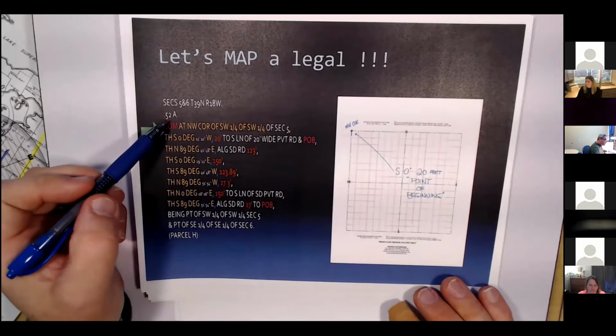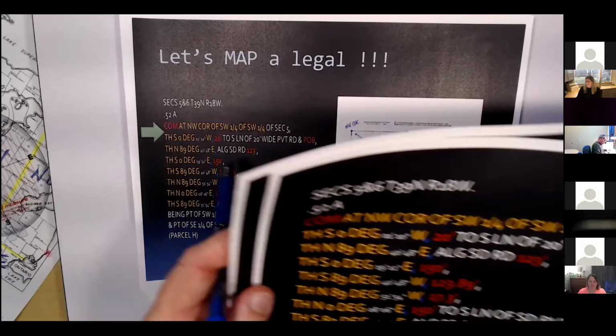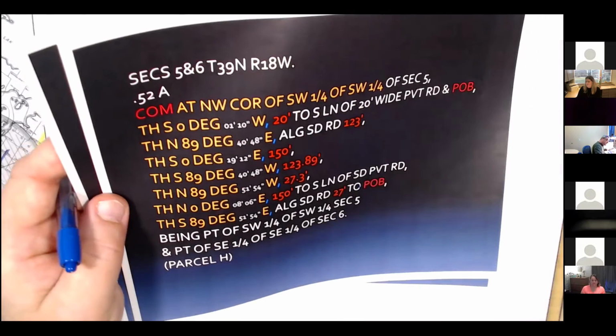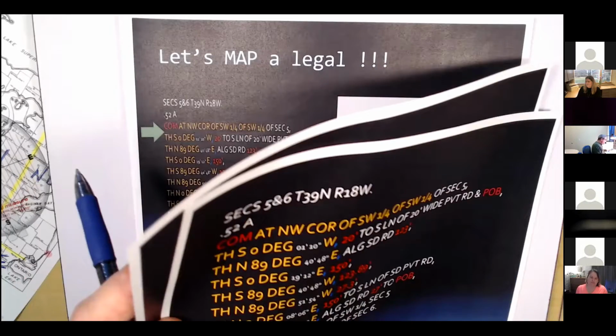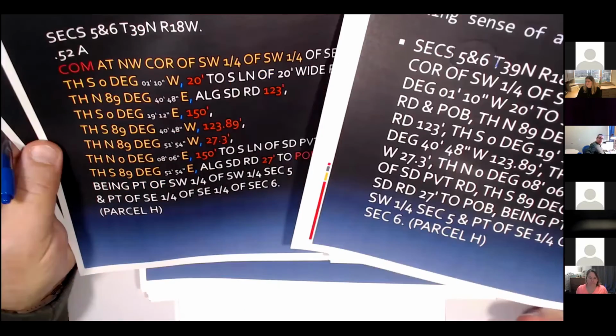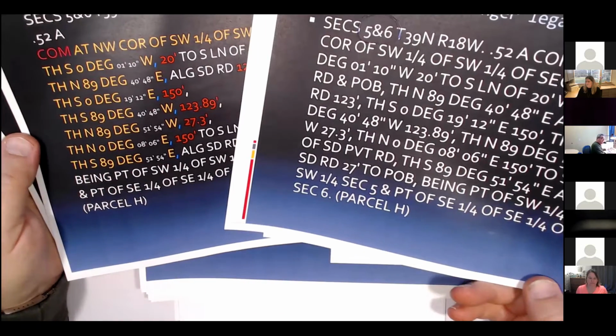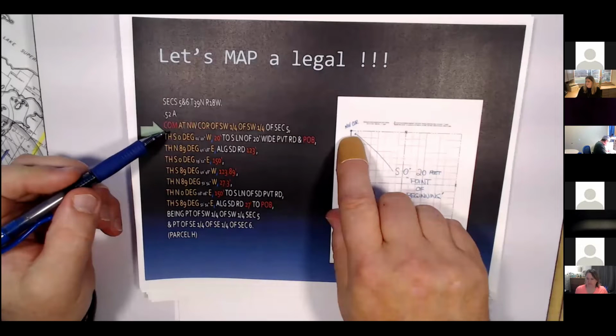Because you have parsed your legal description like this, as opposed to looking at it like that, which is certainly a lot more confusing. Once you got it parsed out like this, it becomes pretty simple to follow. So now you've got your commencement point.